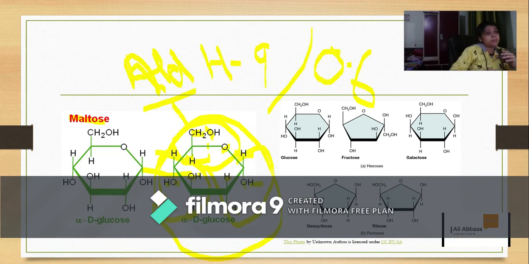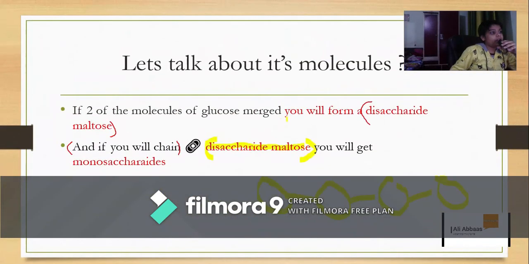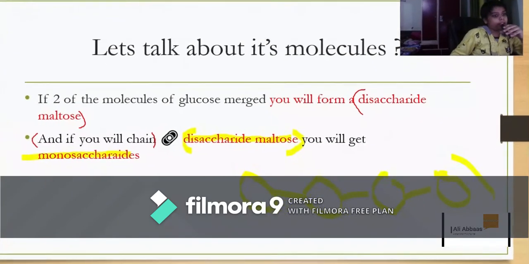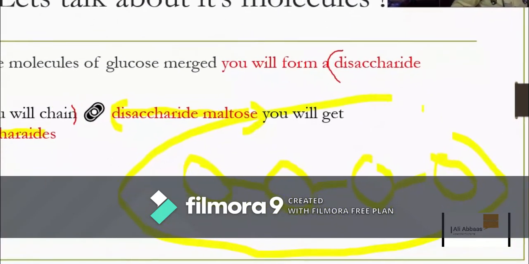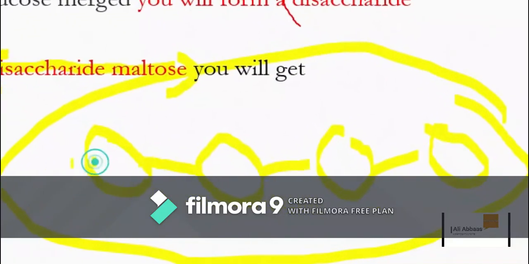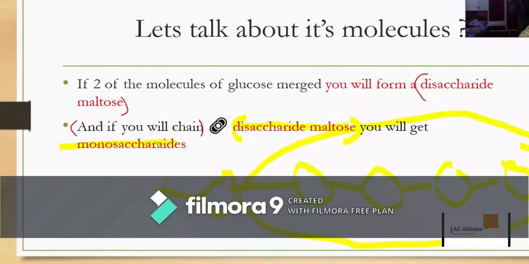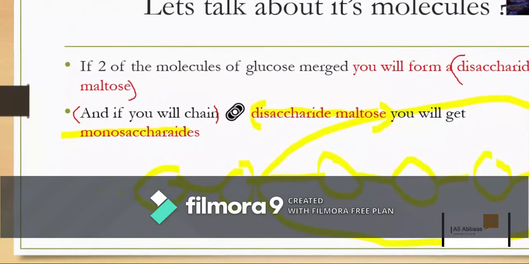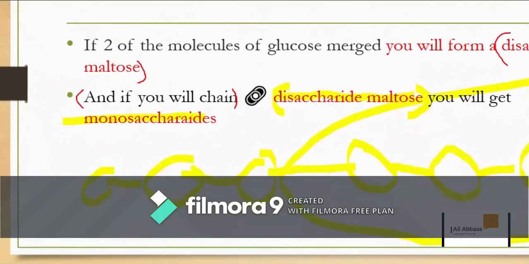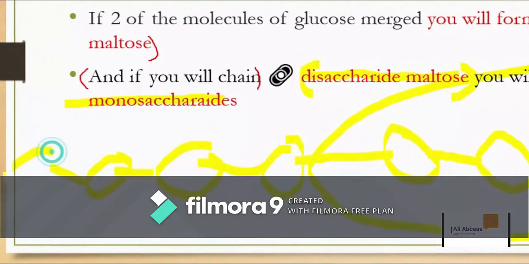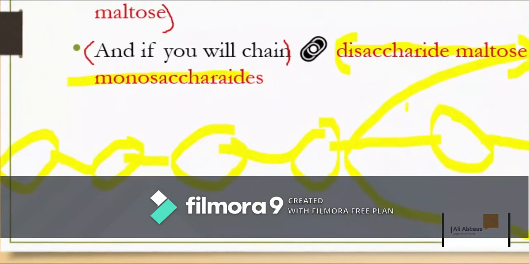You will mostly see glucose in the form of polysaccharides. When you chain the monosaccharides, and this is a monosaccharide, and if you once again chain the monosaccharide like that, you will get a polysaccharide.